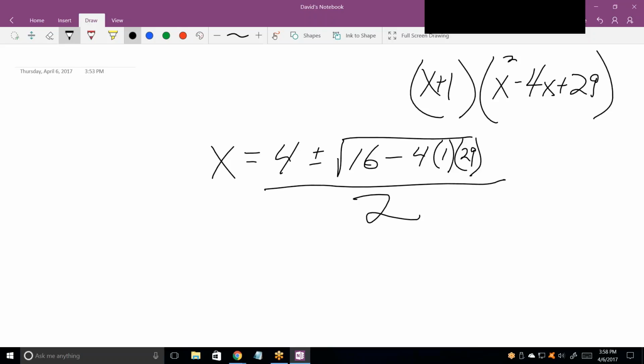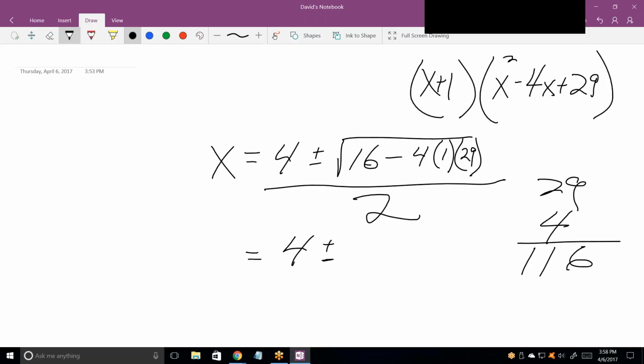Now simplify. So it'd be negative 80 plus 36. What is that? Negative 116? 4 times 29 is 116. Okay.